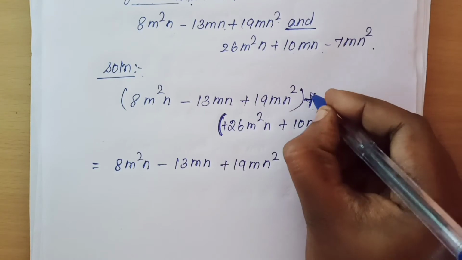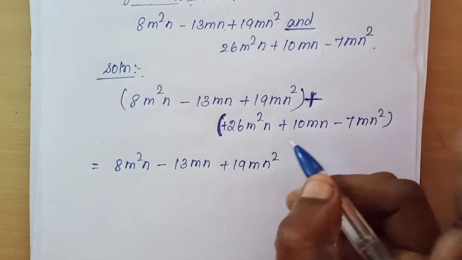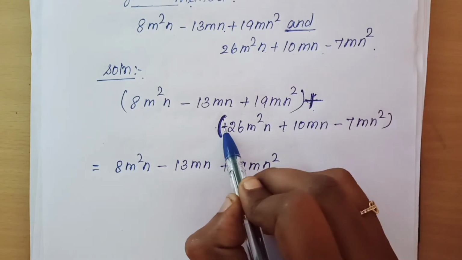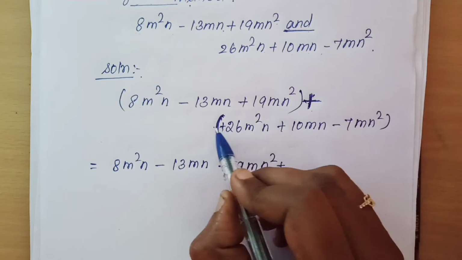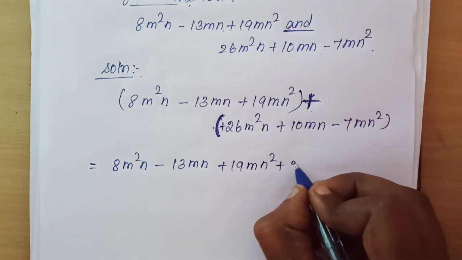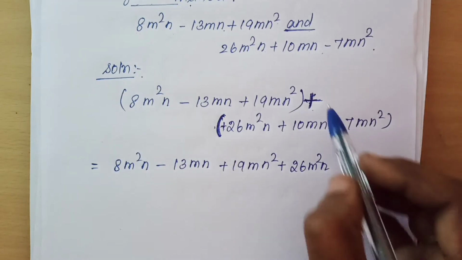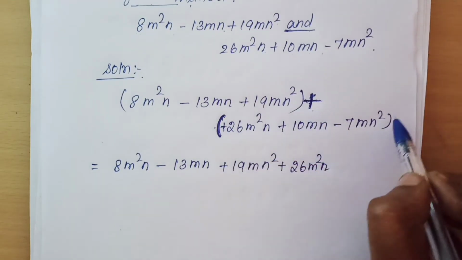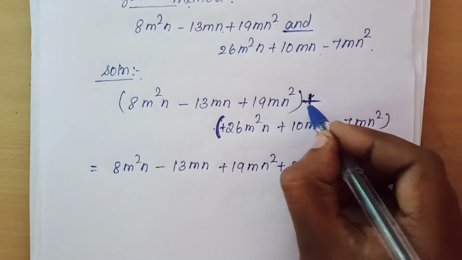Now look here. So plus, this bracket should be considered as multiplication. So plus into plus is plus. Okay, so plus into plus is plus, that is plus 26m square n. Clear? Now this plus is common for all the terms, so that only I am writing inside the bracket.